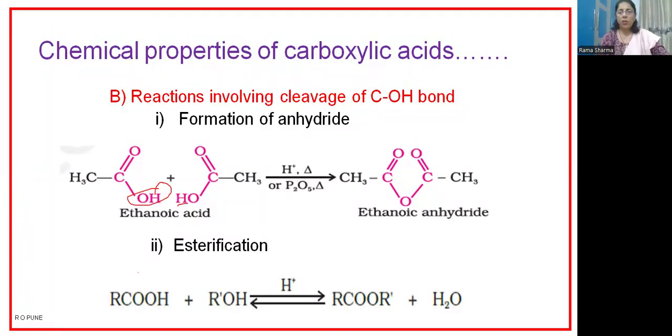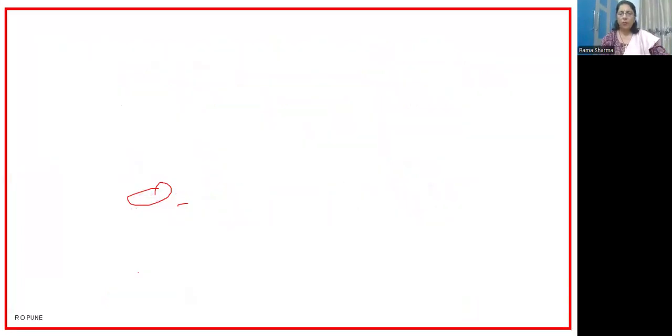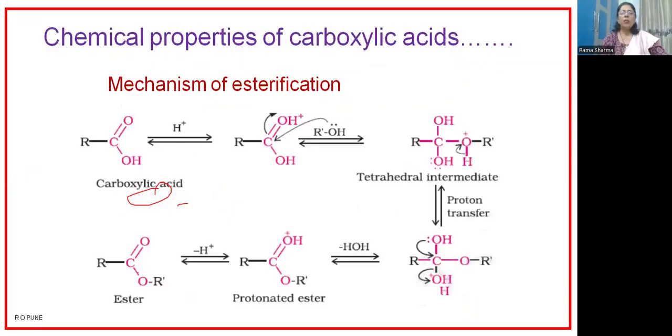A very, very important mechanism also comes here with the name esterification. Carboxylic acid reacts with alcohols in the presence of mineral acid to form a new functional group, that is esters. The mechanism of esterification is also in our syllabus.